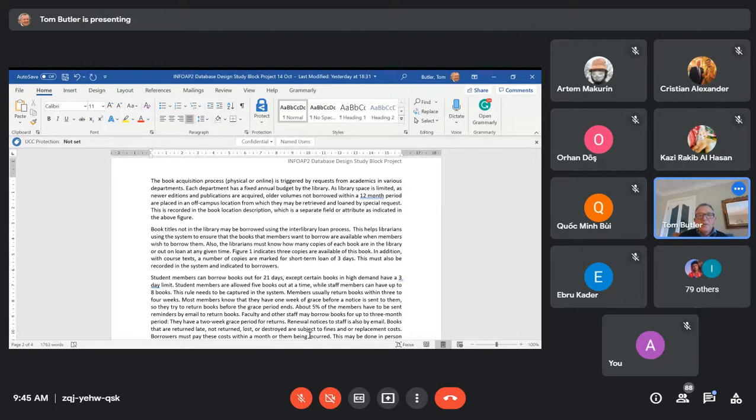Okay, so in this entity, we need a replica of the book. In other words, we need ISBN, author, book title, edition, lending library.